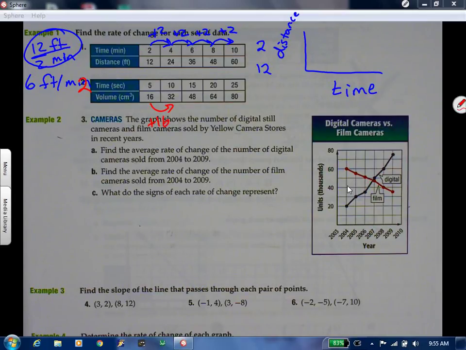And a difference of 5 here. 16 divided by 5 would be 3 1/5, which is 3.2. Okay, label would be centimeters. I'm not sure if you can see it back there. That's centimeters cubed.